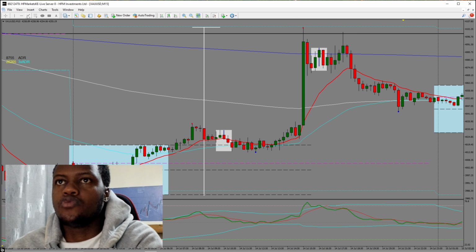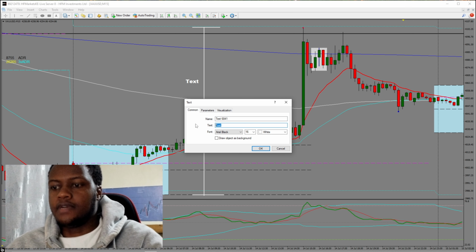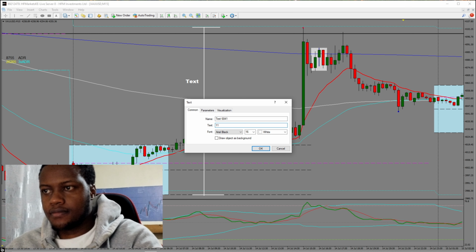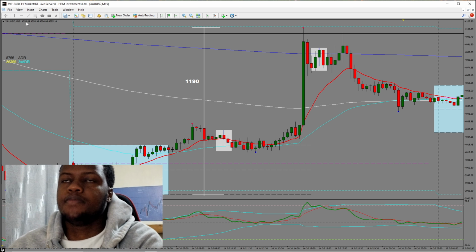Okay, so we have said two conditions for the ADR to be completed. Either they do it before the 3:45 candle or they do it before the 9:45 candle. Okay, this case went 1,190 pips. 1,090 pips.